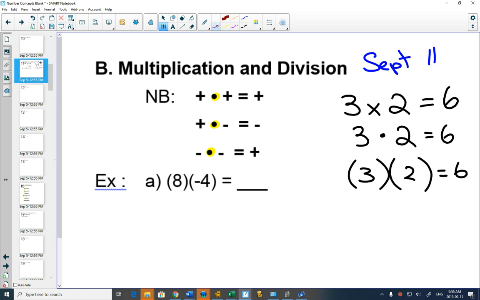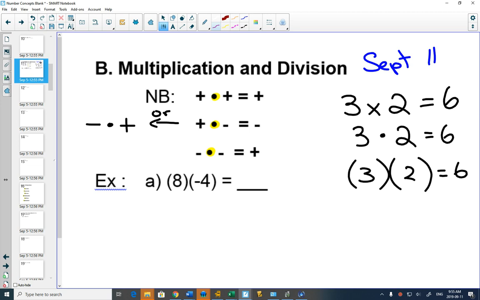And if you have a positive number times a positive number, just like 3 times 2, our answer is a positive number. But if we have a positive number times a negative, and at this place I'm going to also write or a negative number times a positive number, that's always equal to a negative number.